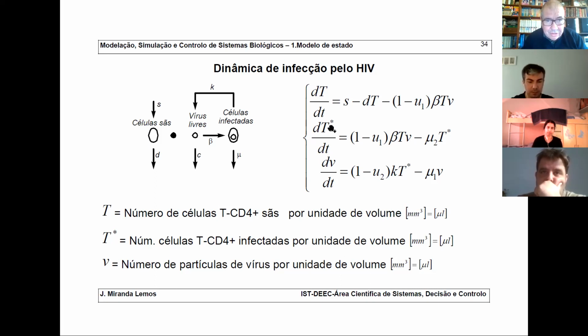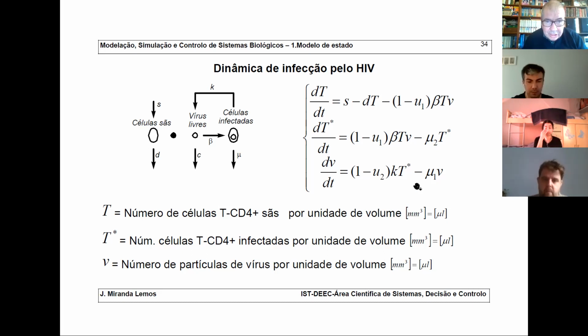So the derivative of the infected cells, T star, is proportional to this beta TV. Okay, and then this is the mortality term of the infected cells. Mu2 is the mortality rate. You multiply it by the number of cells, you have the rate of infected cells that die.